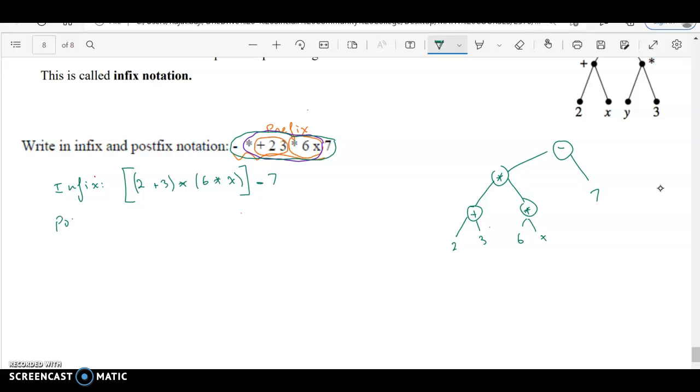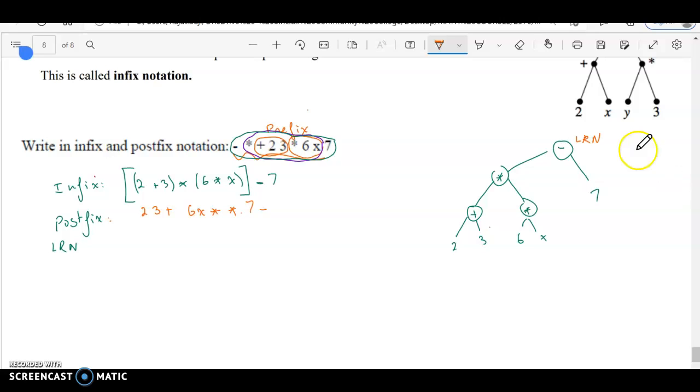For the postfix, that means do the operation at the end. So either you follow postfix, meaning left, right, then copy the node. We follow the steps left, right, copy node, and once you do all of that, you will get 2, 3, plus, 6, x, times, and between them another multiplication, and then 7, and then subtract.